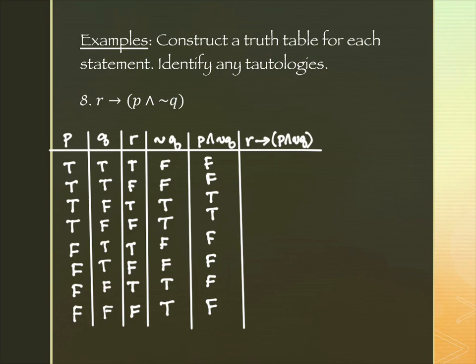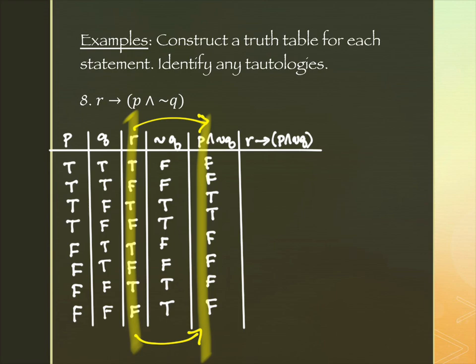And we're going to take the R column and we're going to move it over to the P and tilde Q column. So we're moving this direction. It's an if then. So line by line, the first one is true implies false. That's false.